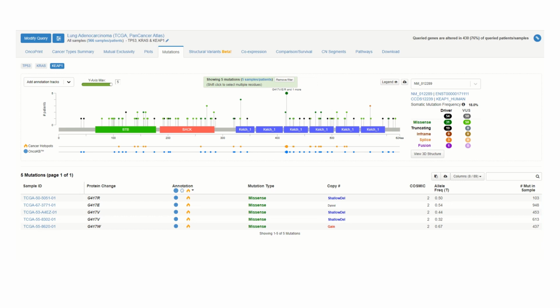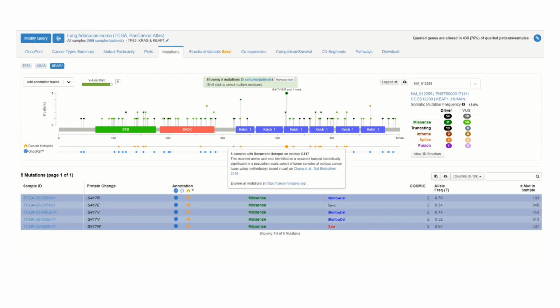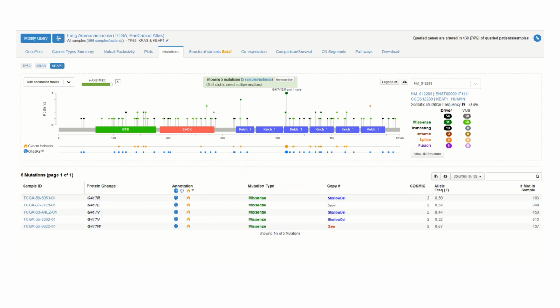However, as you can see, there are only 5 patients in this peak, which is not as significant as in the case of KRAS. However, the mutation is indicated as a cancer hotspot, which indicates that it is possible that it's a driver mutation. Overall, a lollipop plot is a useful tool to visualize hotspot regions and compare them to information from cancer databases.